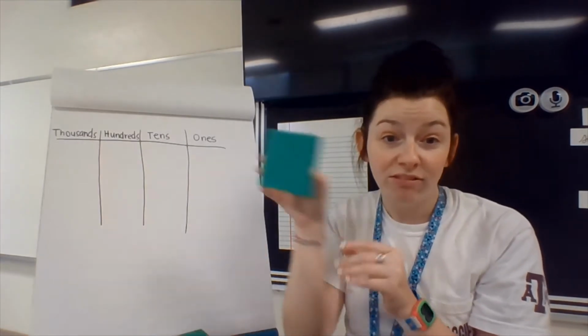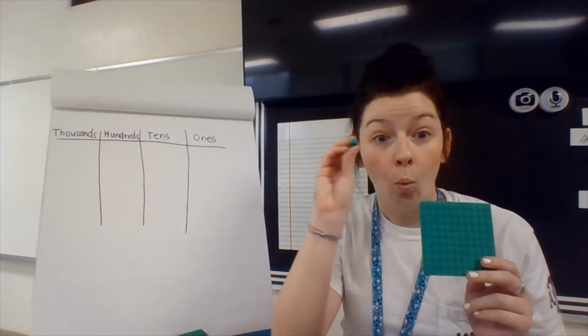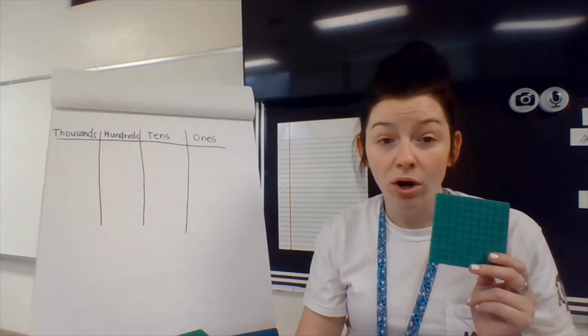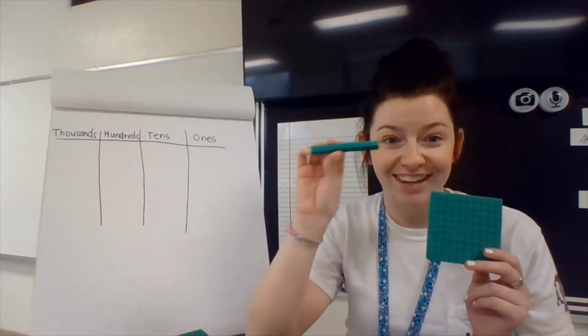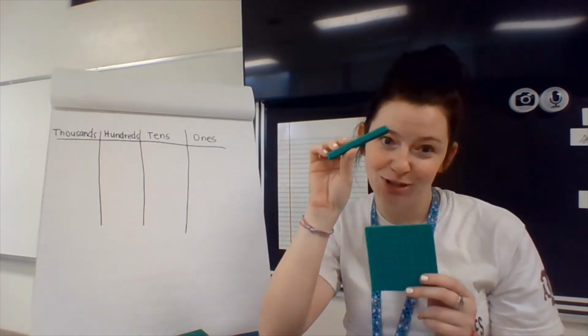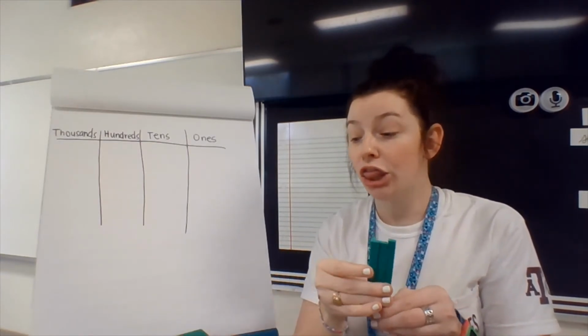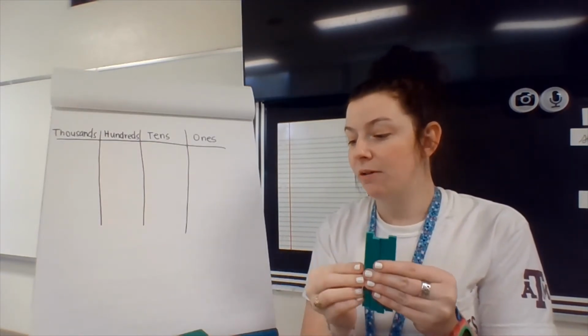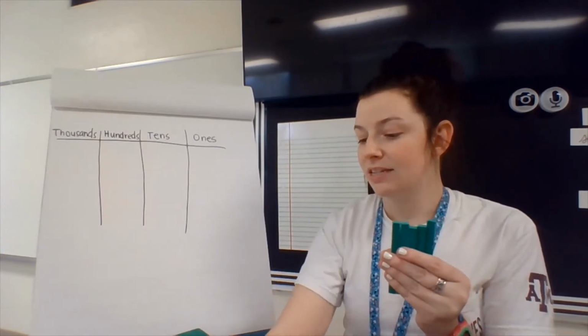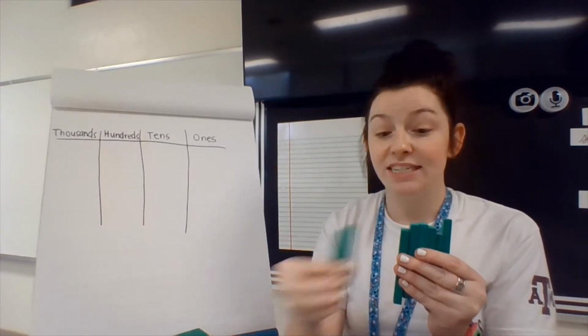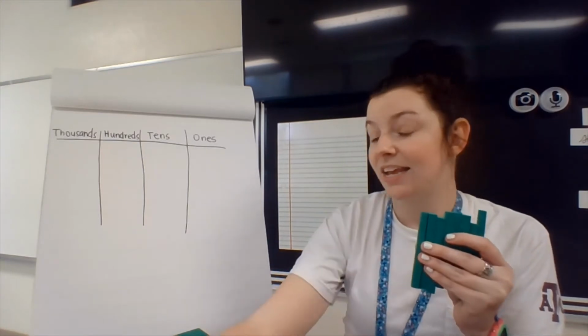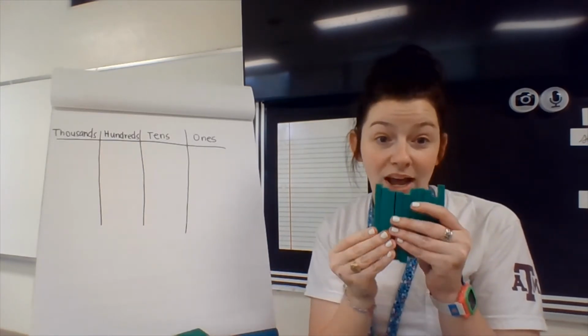You can make up 1 flat with 100 ones, or you can make up a flat with 10 tens. Let me show you. If I count 10, 20, 30, 40, 50, 60, 70, 80, 90, 100.